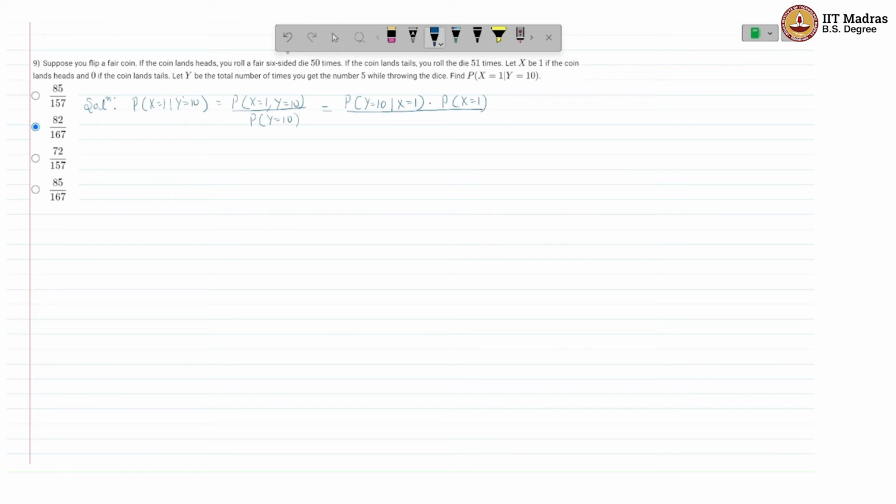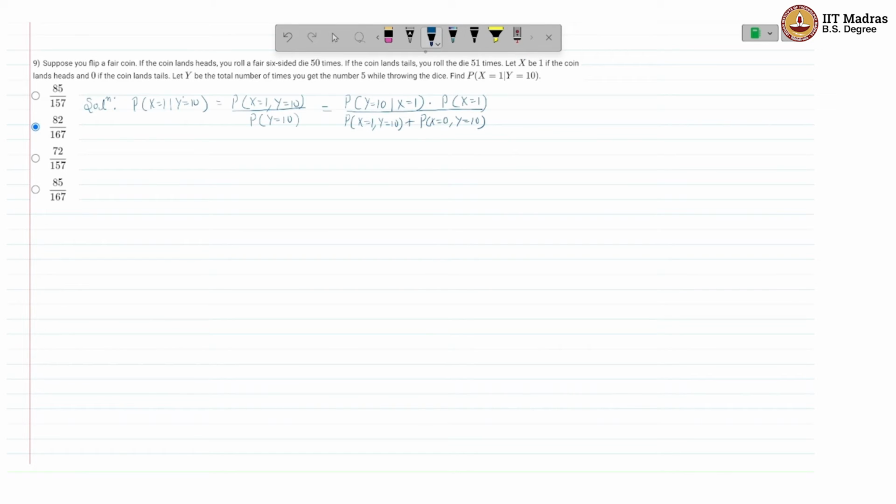the marginal Y is equal to 10, and also the marginal Y is equal to 10 will be equal to the joint probability that X is equal to 1, Y is equal to 10 plus probability X is equal to 0, Y is equal to 10. And why is that? Because Y is equal to 10 can be achieved through two ways. First, if X is equal to 1, which means we got heads. Another is X is equal to 0, which means we got tails.